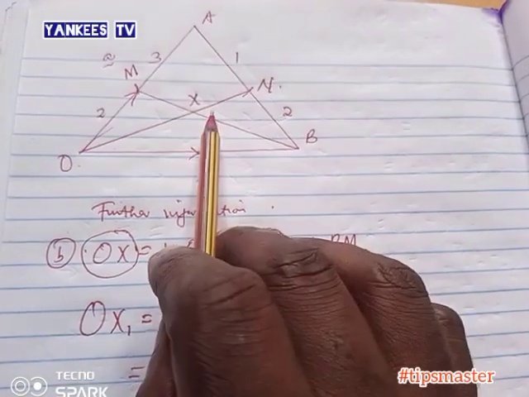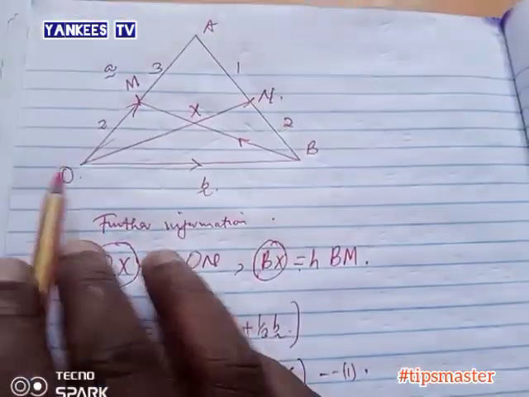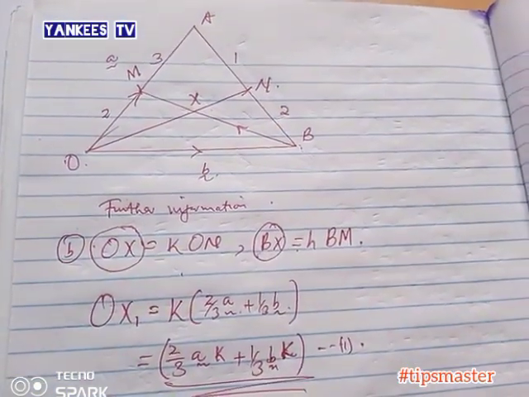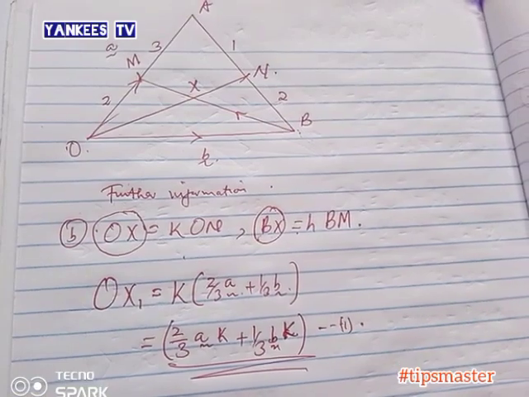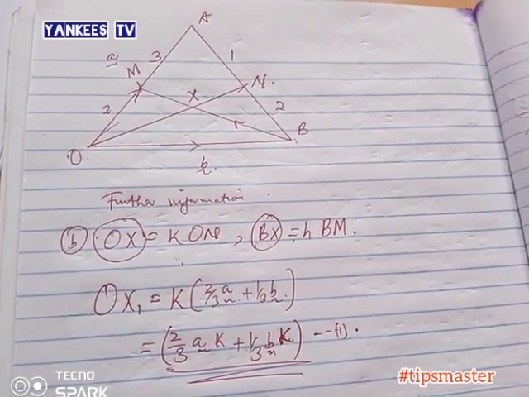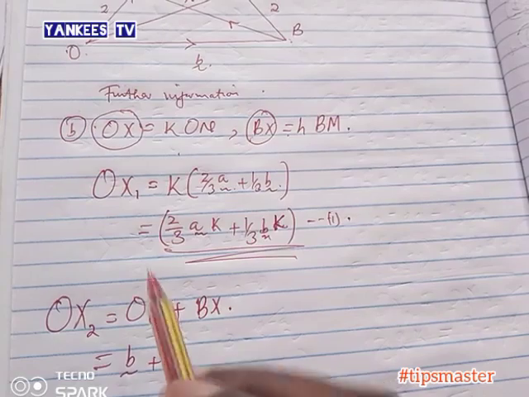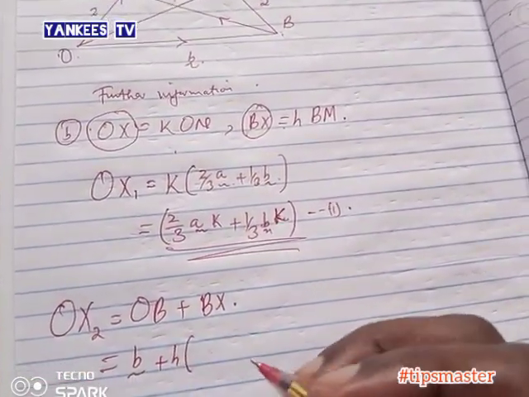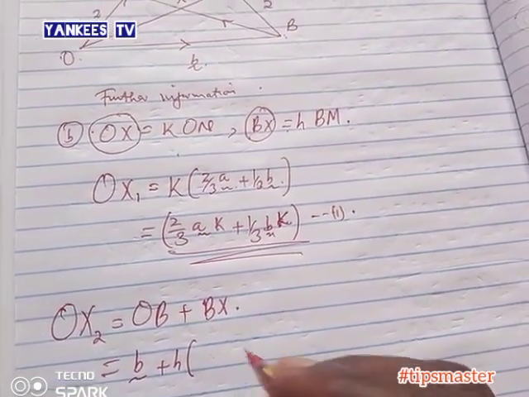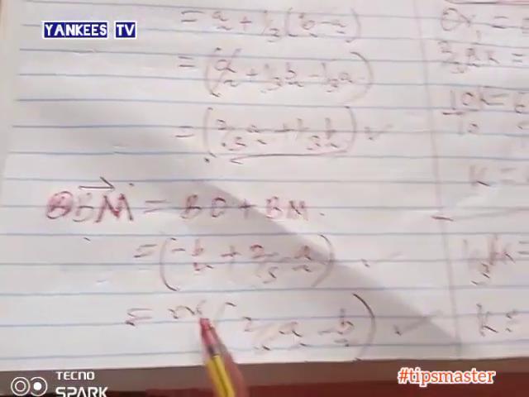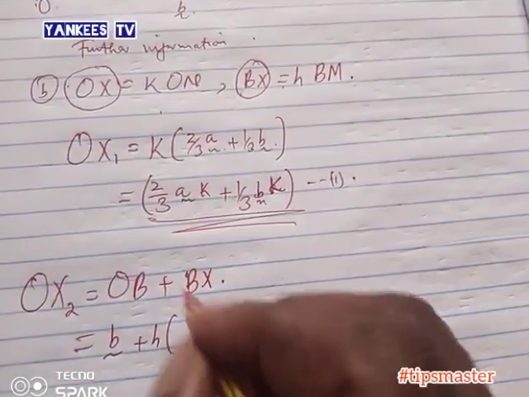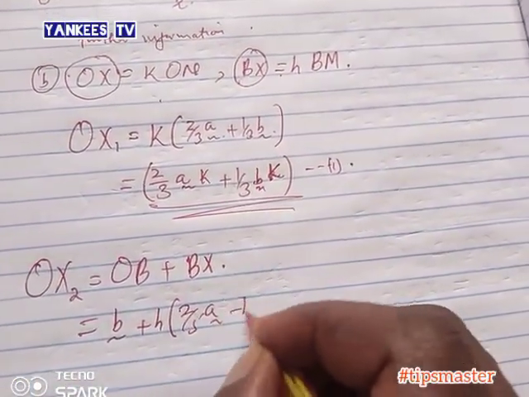From O to B, then B to X. So O to B plus BX. OB we know is vector B, plus BX is given here as H of BM, and the expression of BM was already done: 2 over 5 A minus B.